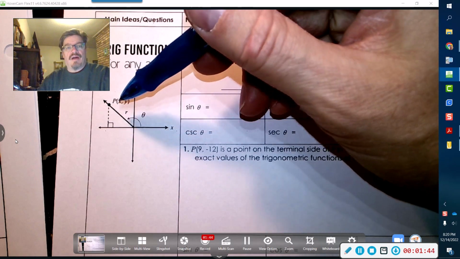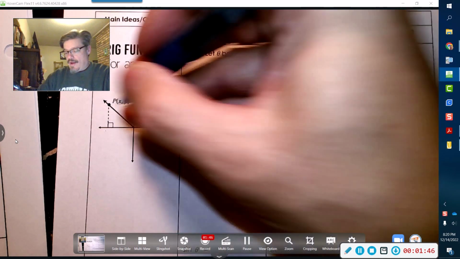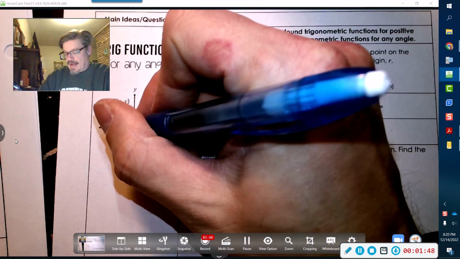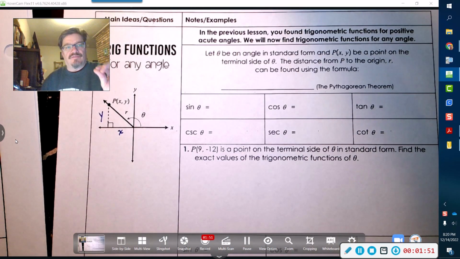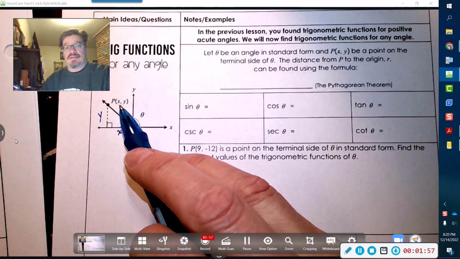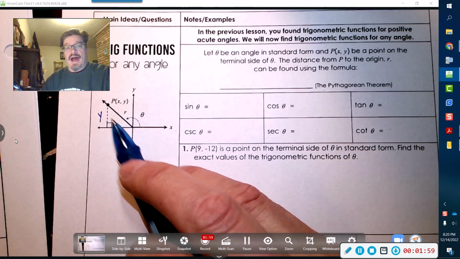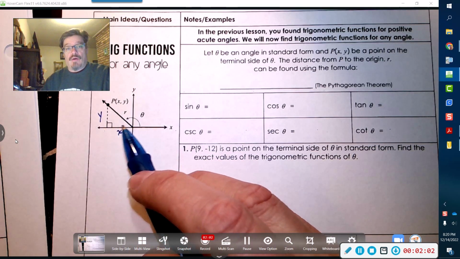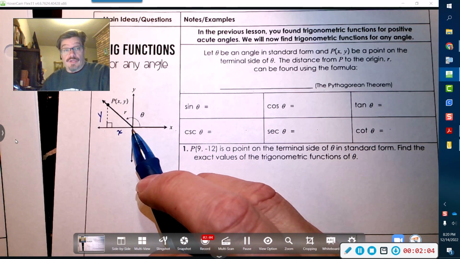Now if I have the actual coordinate, I actually have the sides of this triangle, okay? So if I have an x and y coordinate, then I can find out how far away I am from the origin, okay?